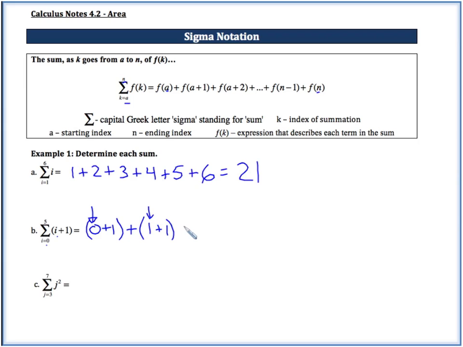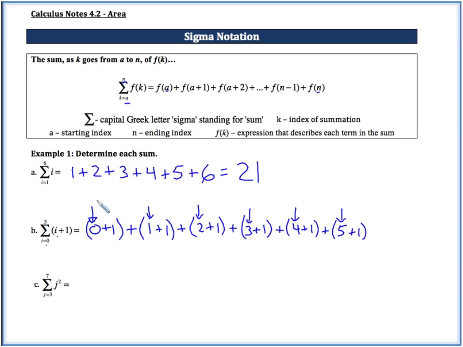Okay, so follow the i there. And then i is going to go up 1 more, and it's going to be 2. So following the i. And then it's going to be 3. There's your i. Then we go up to 4. All the way up until i reaches 5.